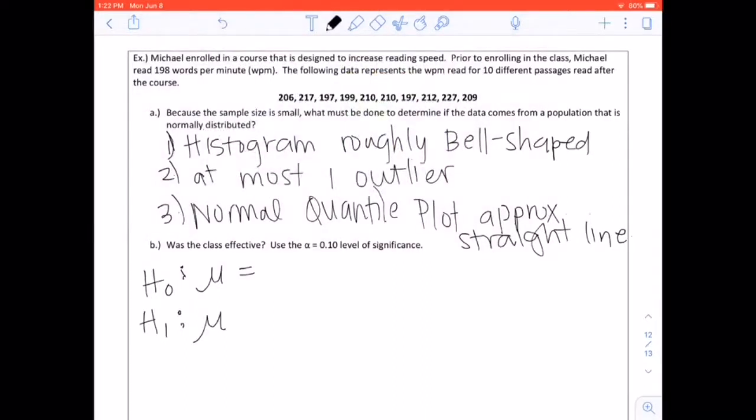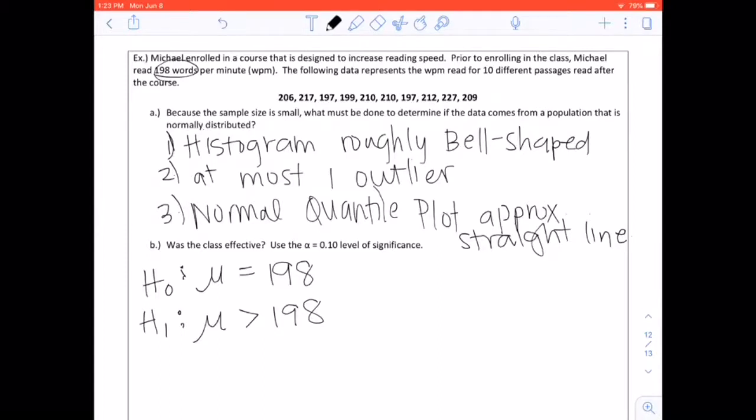To figure out the value for our mean, we need to look at the words per minute that Michael read prior to enrolling in this course, and that was 198 words per minute. Since taking this class, we would hope that his words per minute has improved and it's effective, meaning that he's reading at a faster rate. So we have mu greater than 198.